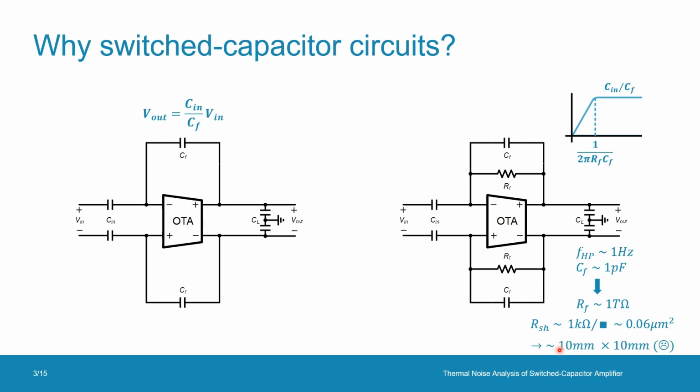So in total, we need roughly 10 millimeter by 10 millimeter to implement this 1 teraohm. And let's say if the typical dimension of silicon chips is around 1 millimeter by 1 millimeter, then we need 100 chips to implement this RF, which is absolutely crazy and definitely not the way to go.